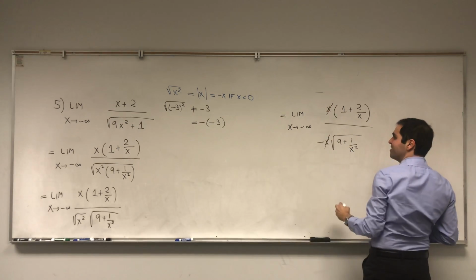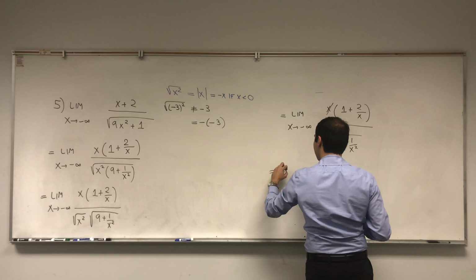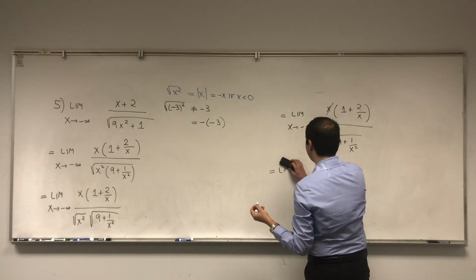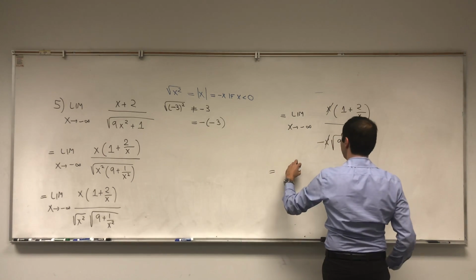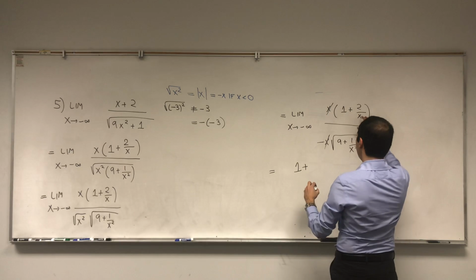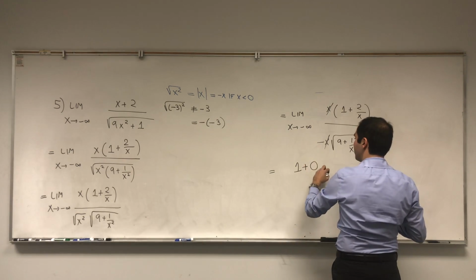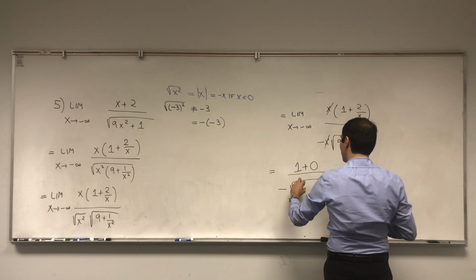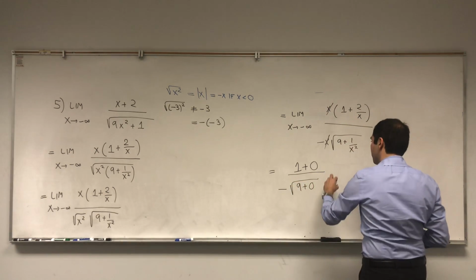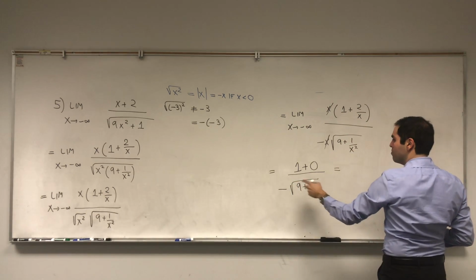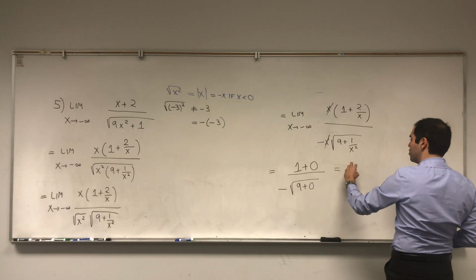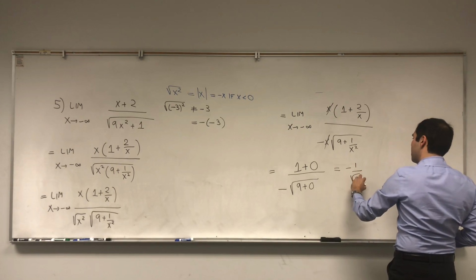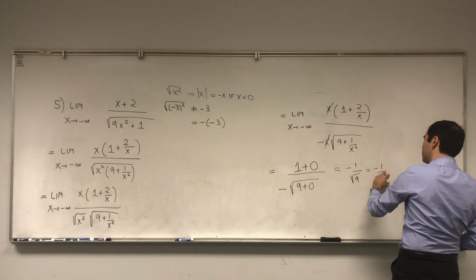Now the x's cancel out, and then you basically can plug in. So this becomes 1 plus 2 over negative infinity, that's 0. You still have the minus, and then square root of 9 plus 0. And what you get is minus 1 over square root of 9, and that's minus 1/3.